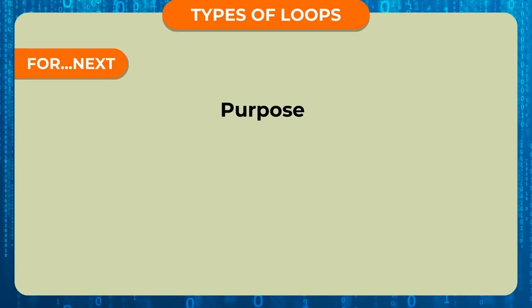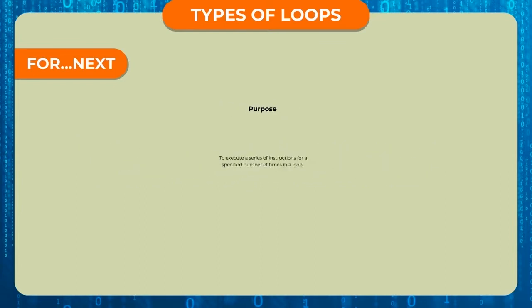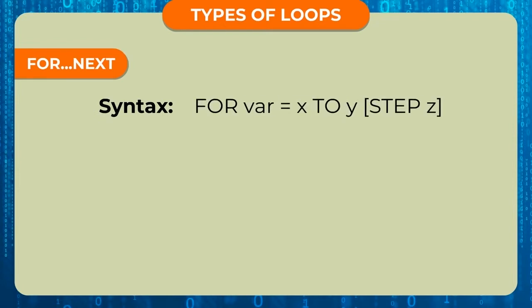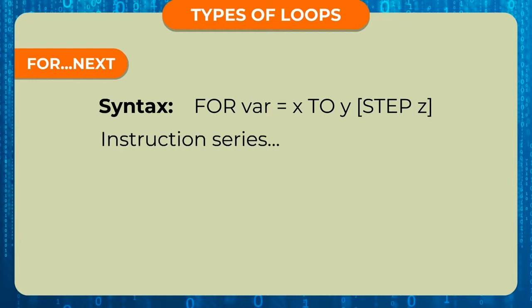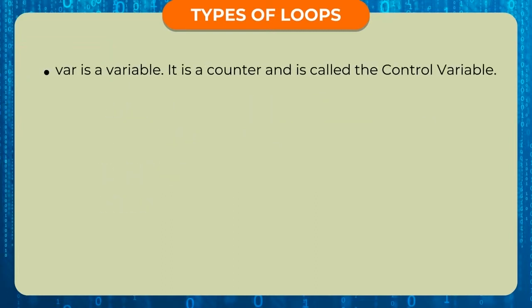Purpose: to execute a series of instructions for a specified number of times in a loop. Syntax: FOR var = x TO y STEP z, instruction series, NEXT var, where var is a variable.